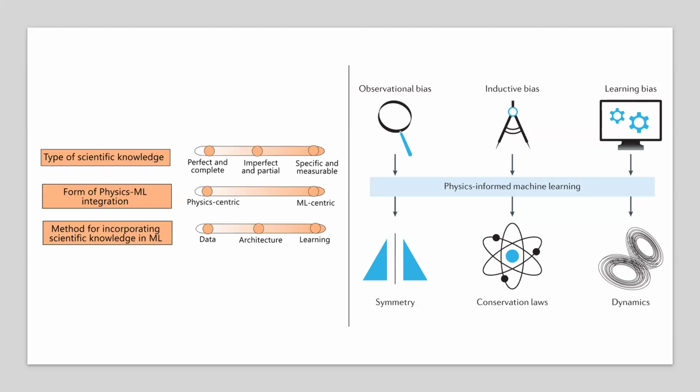When you consider a physical system, there are three things. First is called observational bias. Observational bias is how the data will generally behave. For example, when we use image data in training a CNN, we know that translations, rotations, and so on are invariant, which means if you have a cat and you rotate the cat, it's the same cat.